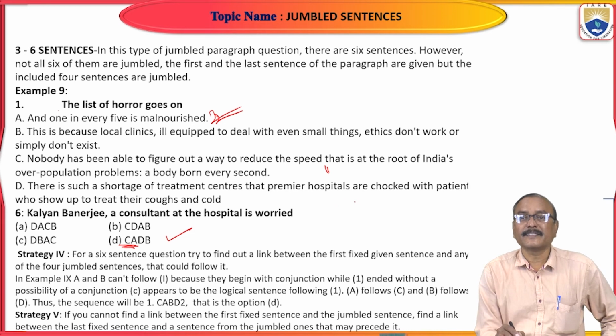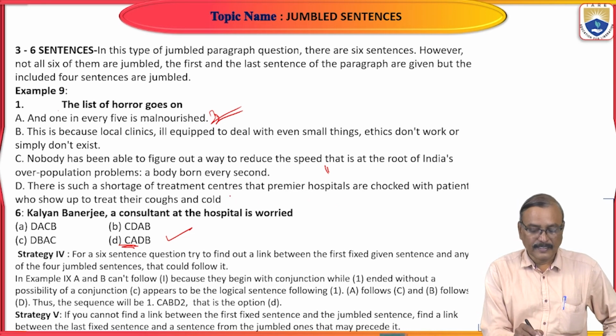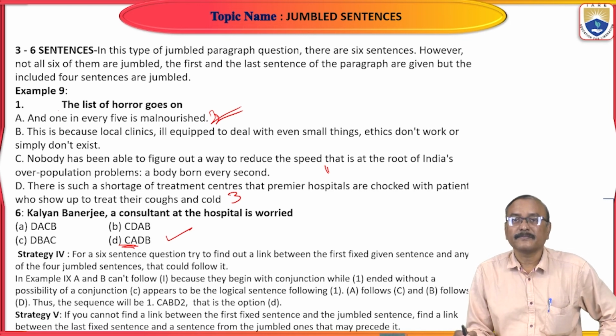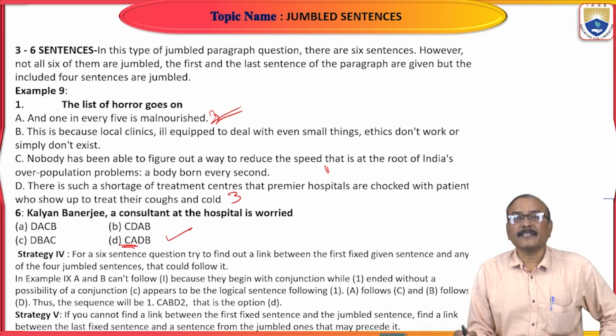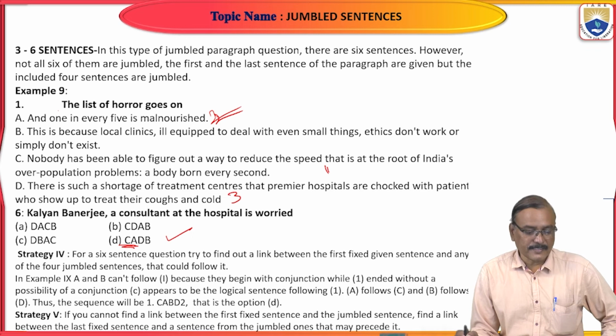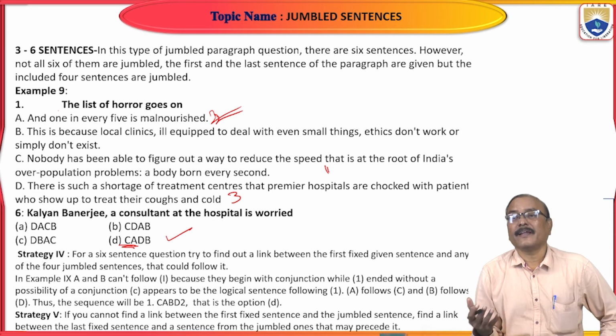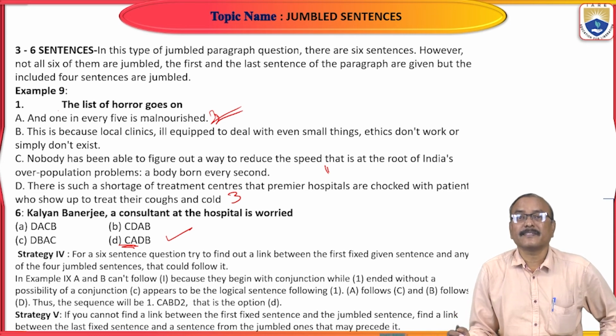Then read the third one, D. There is such a shortage of treatment centers that premier hospitals are choked with patients who show up to treat their coughs and colds. Why here even premier hospitals are choked with the patients?